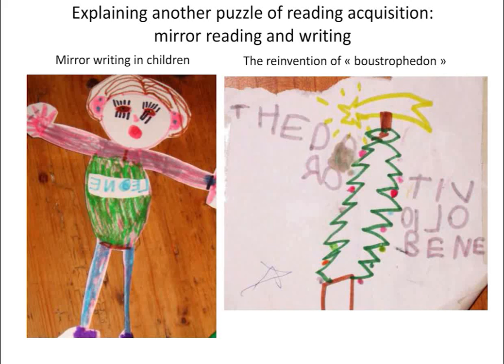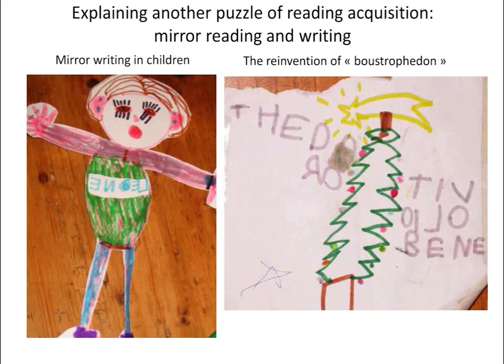Now, recycling, this idea that we change a cortical function that exists before reading, can explain some of the mysteries of reading, including something that initially was suspected to be linked to dyslexia, but is not linked to dyslexia. The fact that some children read and write in mirror image, like in this case, you see the child is drawing Leon from right to left, and this is another child that I loved, who has written Theodore Ti voglio bene, okay?